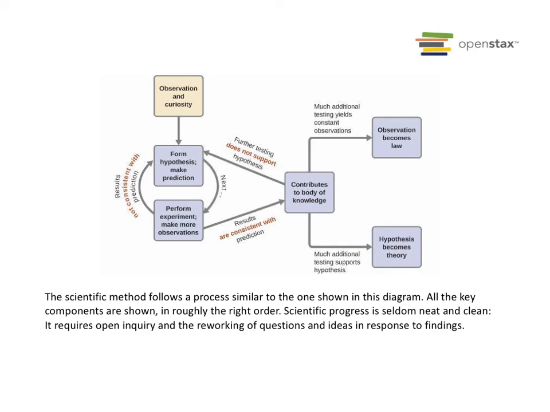Now, this is the flowchart from our textbook, and I actually kind of like this one in particular. Right, so scientific investigations often start with making observations. Right, we make observations to try to explain those hypotheses. Right, we then perform experiments and make more observations, and if those results are consistent with predictions, then that contributes to our body of knowledge.